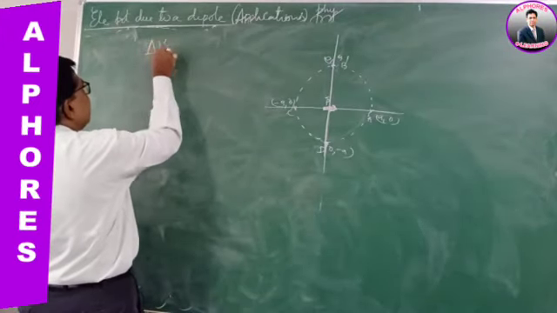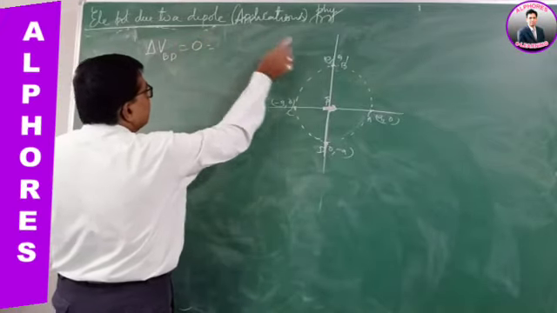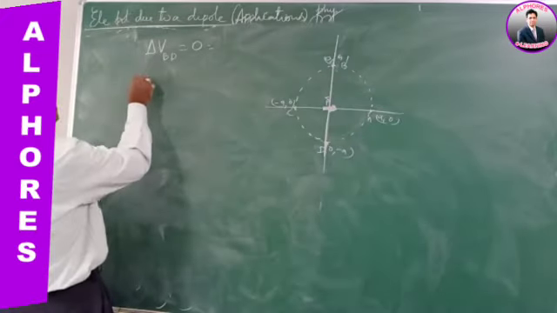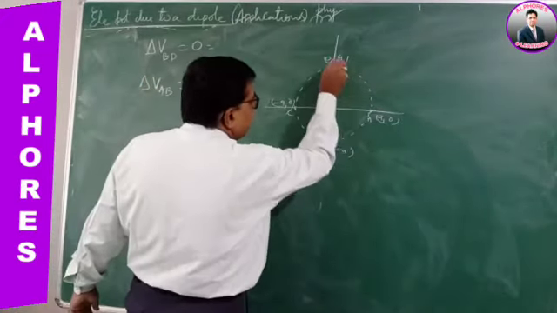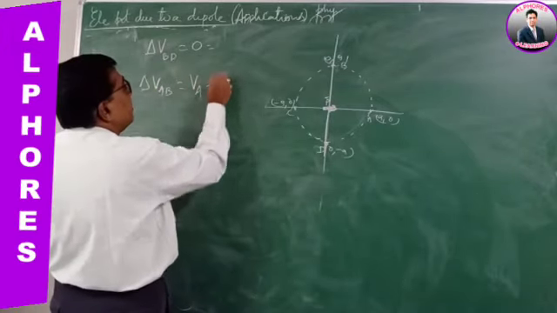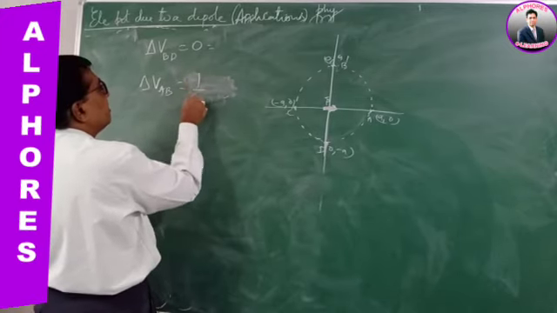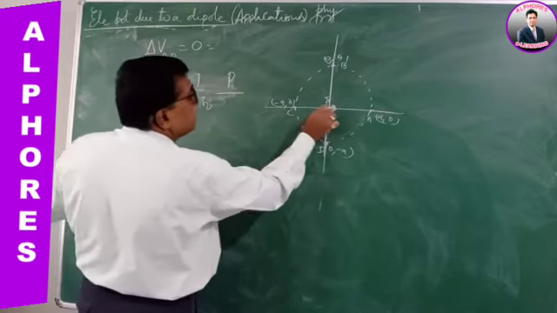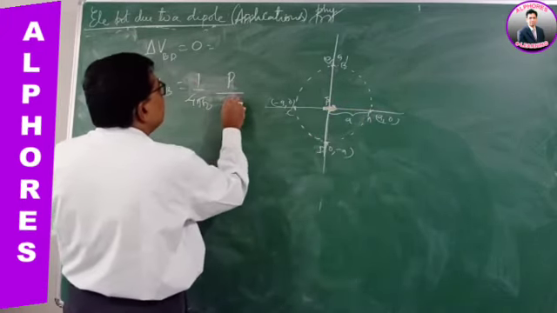So the potential difference between B and D is 0. Potential at B is 0, potential at D is 0, so it is totally 0. Suppose what is the potential difference between A and B? A is on the axial line, B is on the equatorial line. This is potential at A minus potential at B, which is 0. So the potential at A is 1 by 4 pi epsilon naught, dipole moment is P, and the radius of the circle is A, so this is A square.